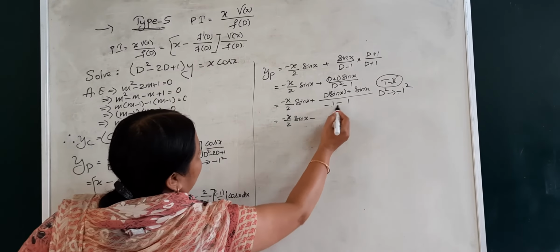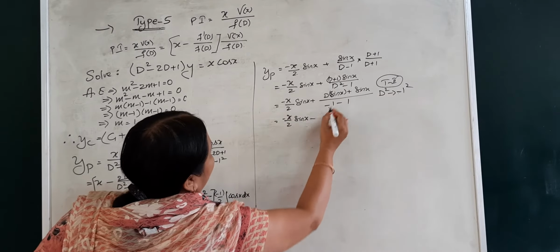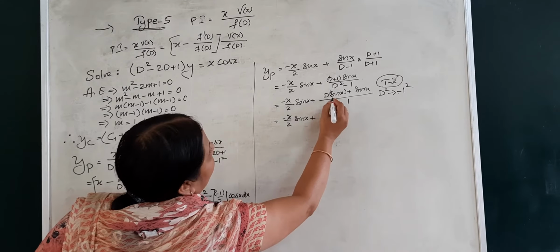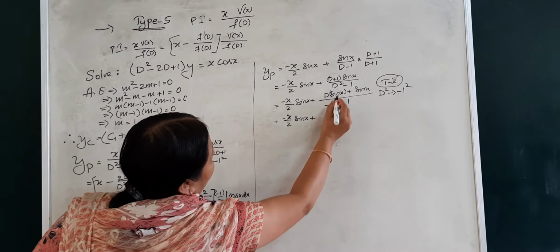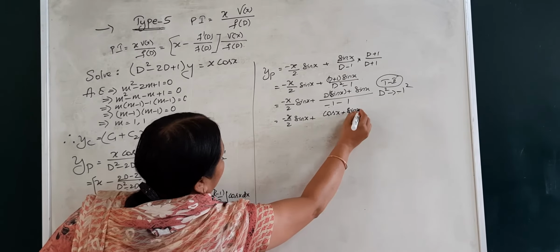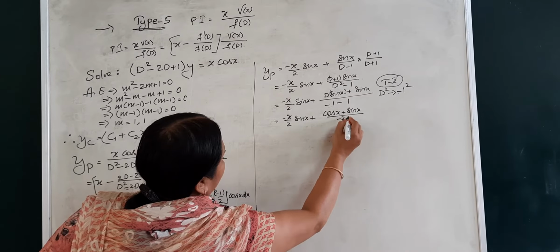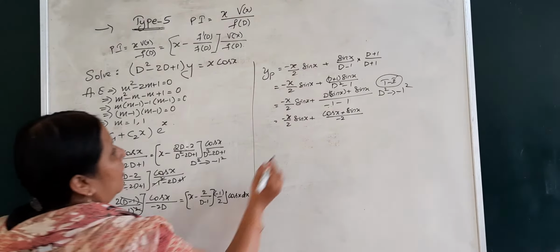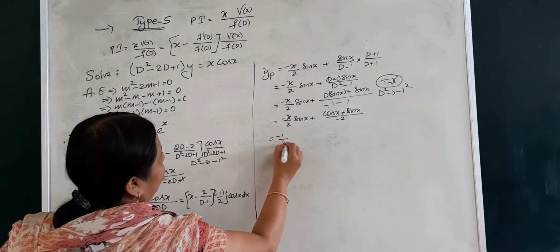Again, there will be a minus 2 here in the denominator. Derivative of, otherwise let it be like that. We'll take another step. Derivative of sin x is cos x, plus sin x, the whole divided by minus 2. Okay, we can take out minus 1 by 2 common.